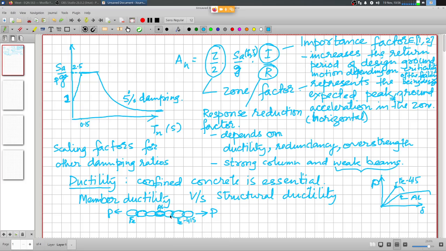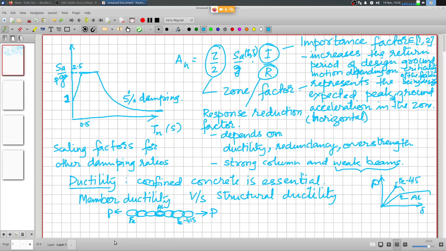But the other links do not deform by the same amount as aluminium, right? So if I look at the ductility of the total structure, this entire assembly is the total system. Aluminum link is only one element of the structure, so this element is ductile, but I am looking at what is the ductility of the total system.